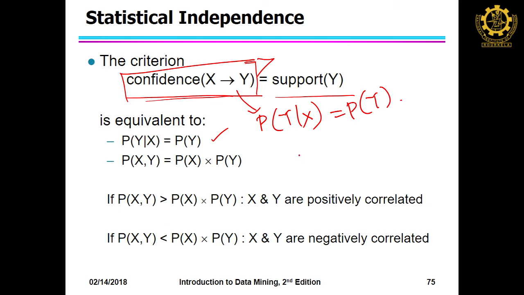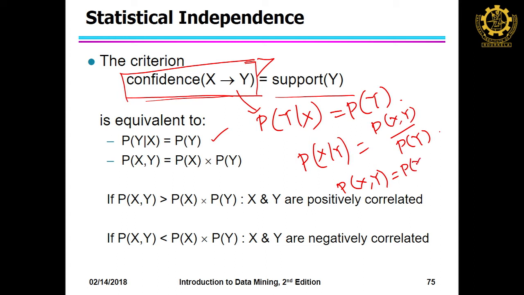Now, we learned probably the Bayes theorem, right, where the probability of X given Y is probability of X and Y over probability of Y. So, from here what can we write? Probability of X and Y equals probability of Y times probability of X given Y. Okay, I think I changed something.